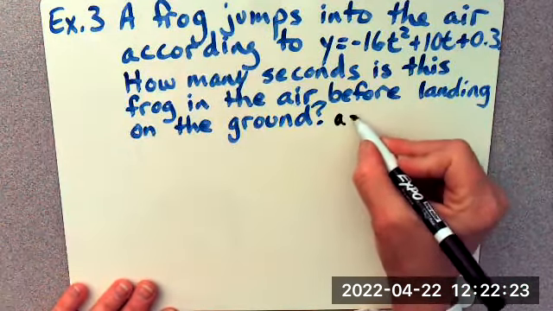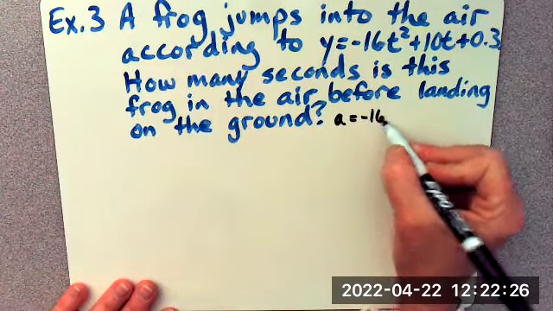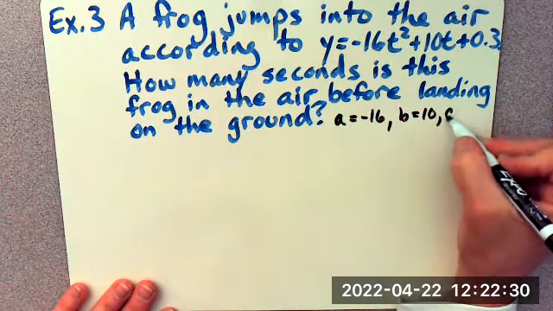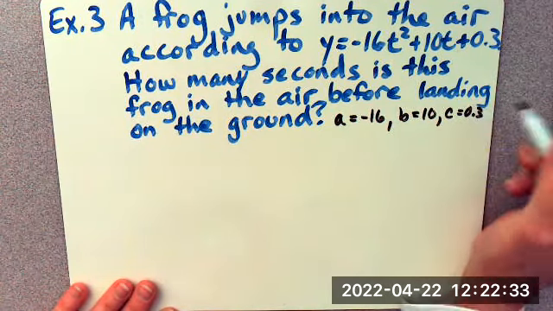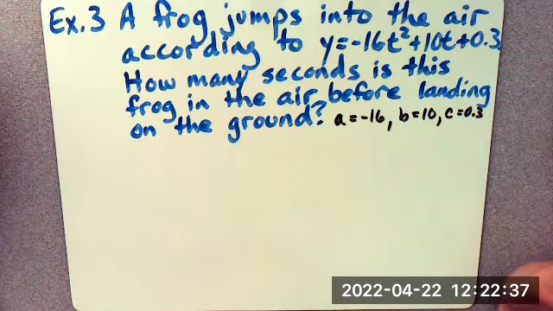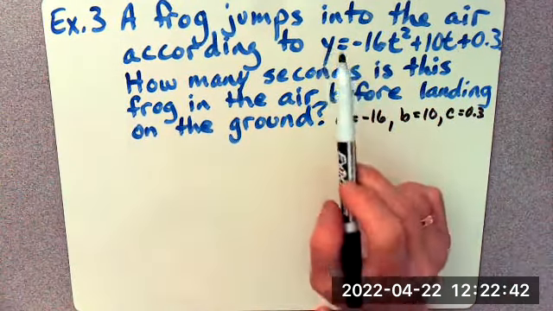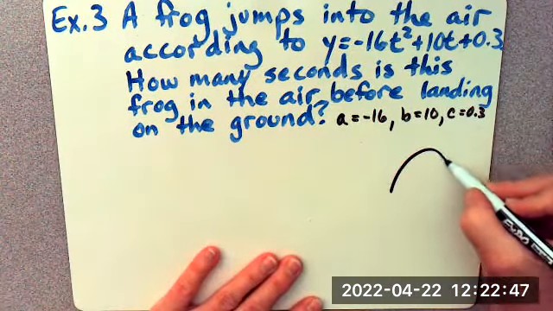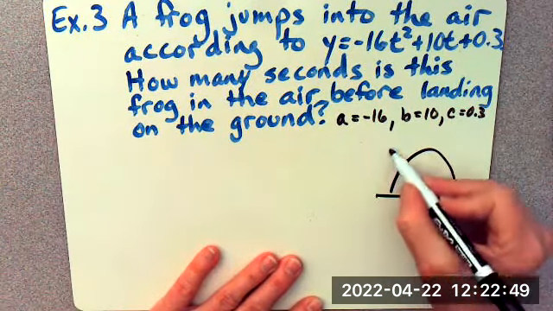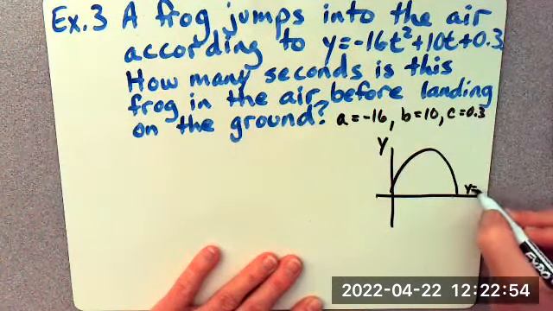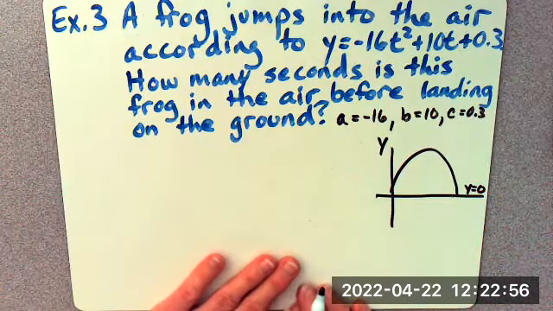So we see, well, we have A equals -16, B equals 10, and C equals 0.3. But you might ask, what am I doing? Well, I am going to set this y to 0 because when the frog jumps, y will equal 0 when the frog hits the ground.